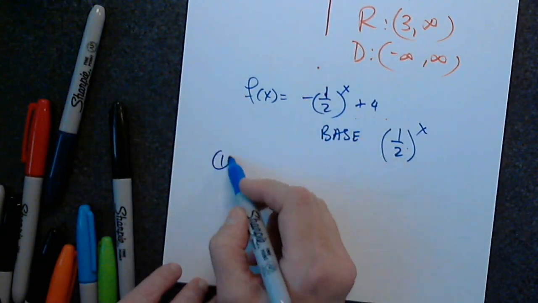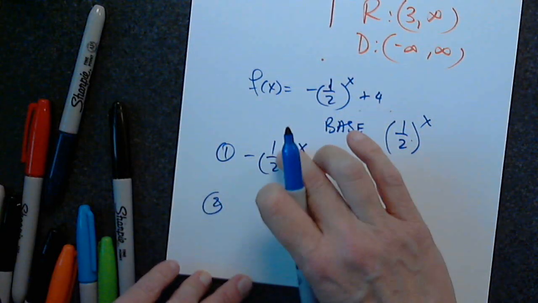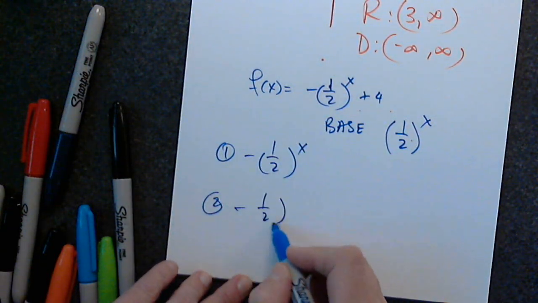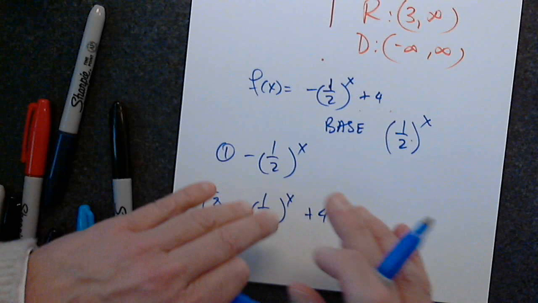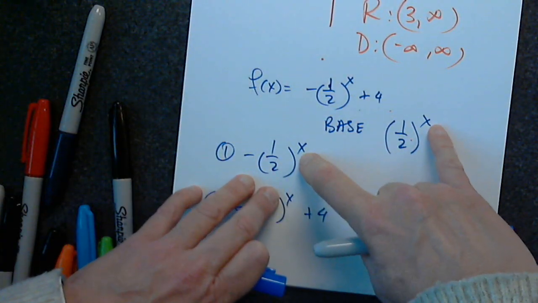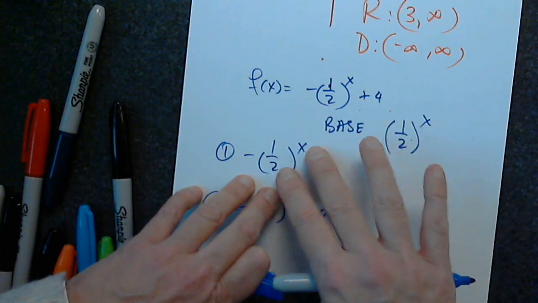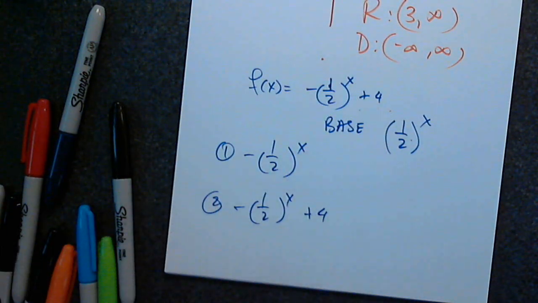Now the first transformation is negative 1/2 to the x, and the second transformation is on number 1, negative 1/2 to the x plus 4. So what does this do to this? And remember, you first check whether it's a transformation on x or a transformation on y. If it's on x, you're going to tell me to reflect with respect to the y-axis. If it's on y, you're going to tell me to reflect with respect to the x-axis. Which one is it?